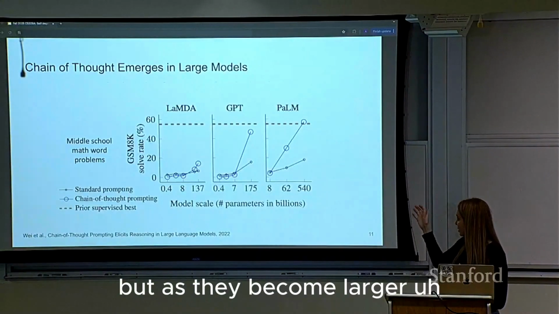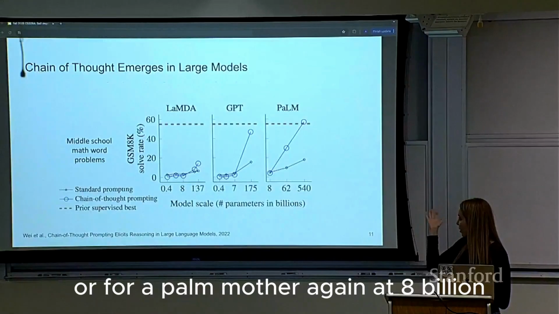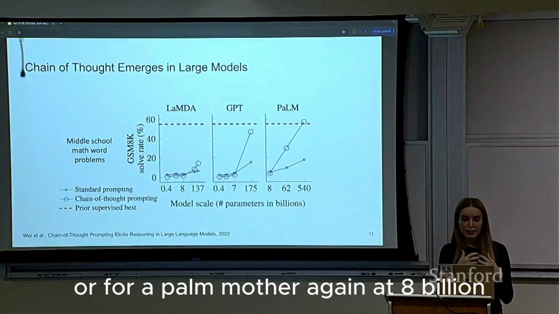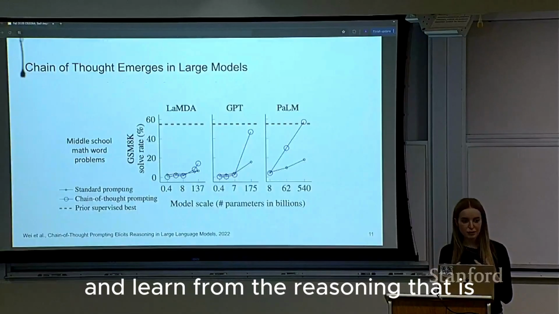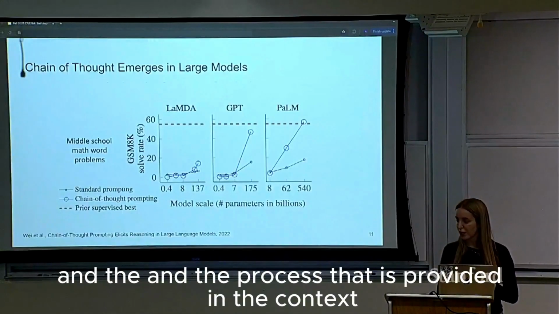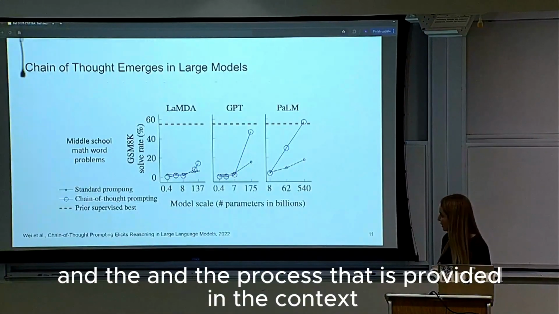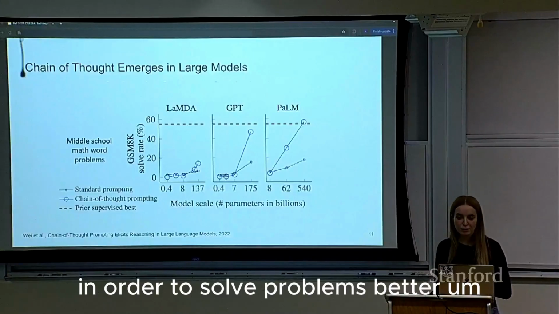But as they become larger, or for a PaLM model, again at 8 billion, it can leverage this chain of thought property and learn from the reasoning and the process that is provided in the context in order to solve problems better.